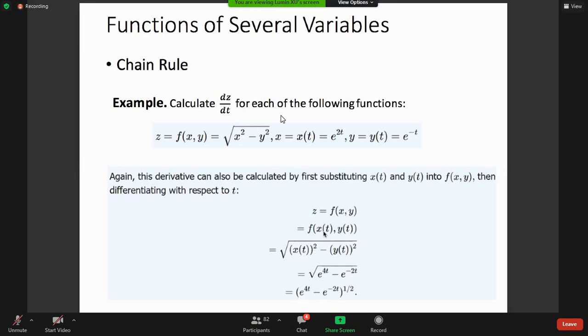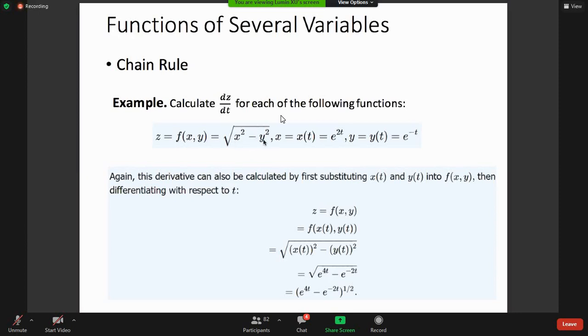The first solution, we just use the chain rule. We use the definition to calculate dz/dt. We first find out the relationship between z and both the intermediate variables x and y, and then x to t and y to t, right? So the second solution, our insight is that we just give up x and y.